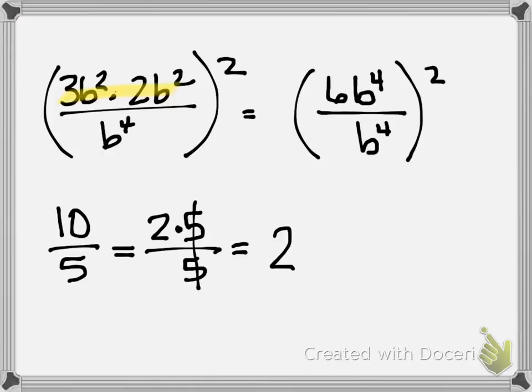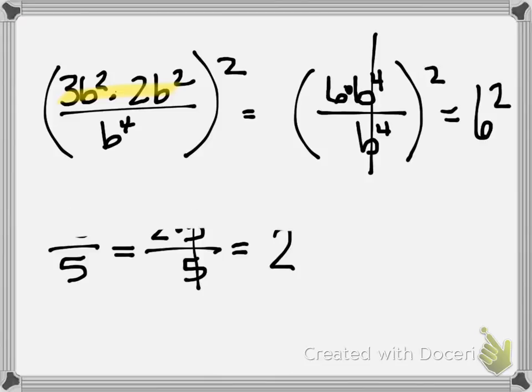You do all of that when you do the division. So right here, because this is a multiply, same as 2 times 5, we have 6 times b to the 4th over b to the 4th. You could cancel those b to the 4ths right now and know that that was 6 squared.